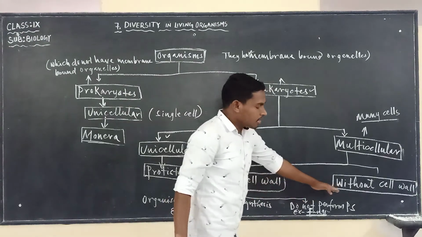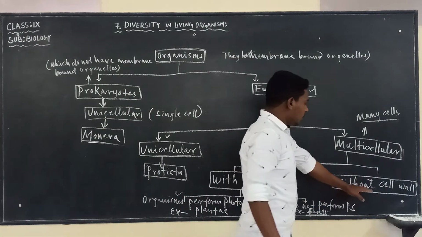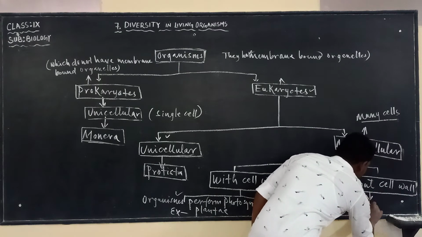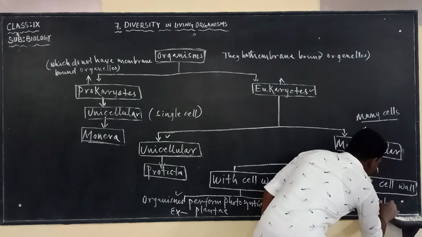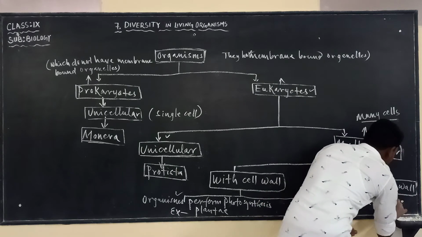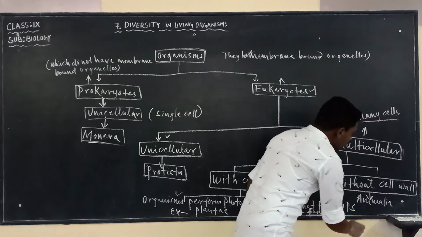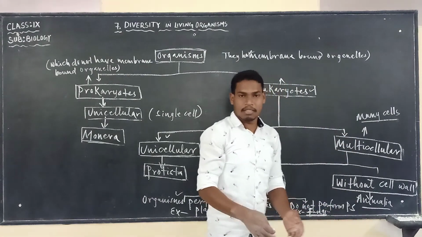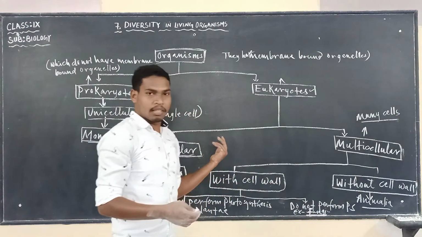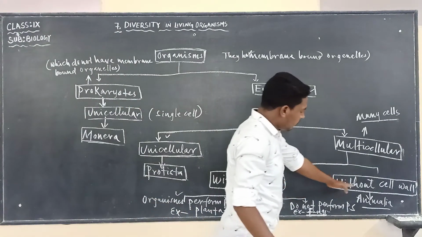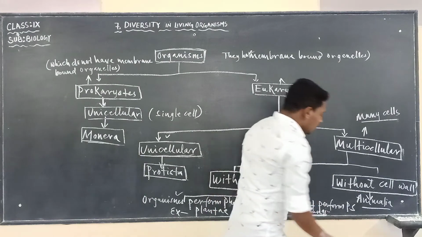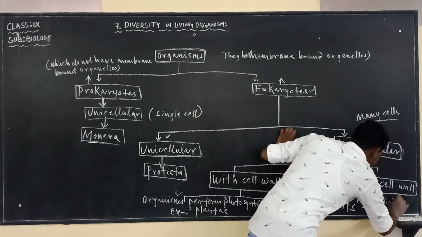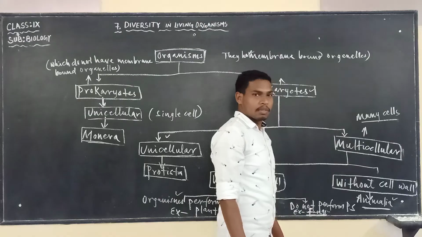And organisms without cell wall are Animalia. Animals do not have cell wall, so they do not undergo photosynthesis. Their mode of nutrition is heterotrophic. They depend upon others for food, isn't it? We group animals under Animalia.